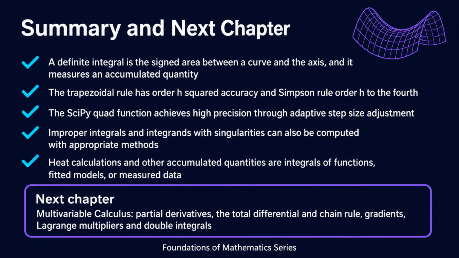Among the basic numerical methods, the trapezoidal rule has order h squared accuracy and Simpson's rule order h to the fourth, and the scipy quad function achieves high-precision integration through adaptive step size adjustment. Improper integrals and integrals with singularities can also be handled numerically with appropriate methods.